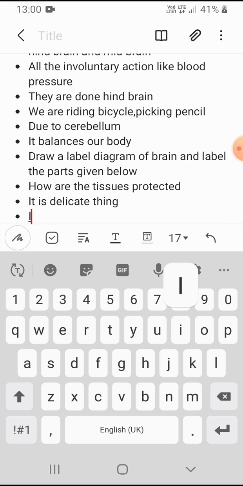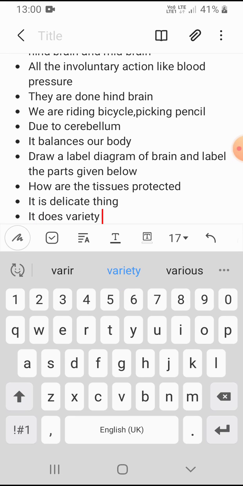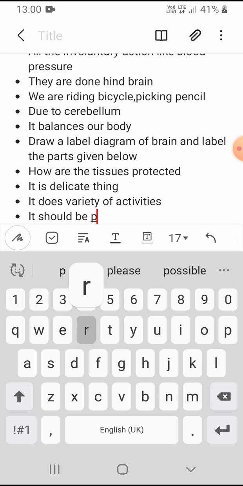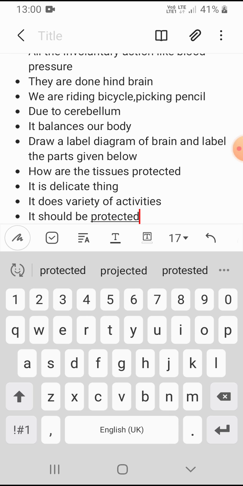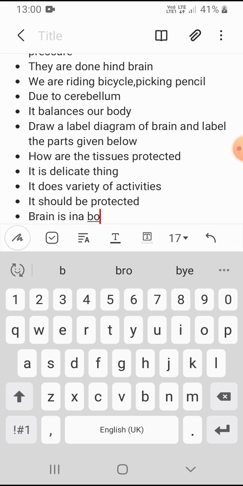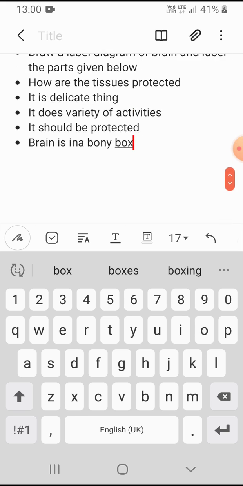It does a variety of activities, so it should be protected carefully. Our brain is in a bony box.